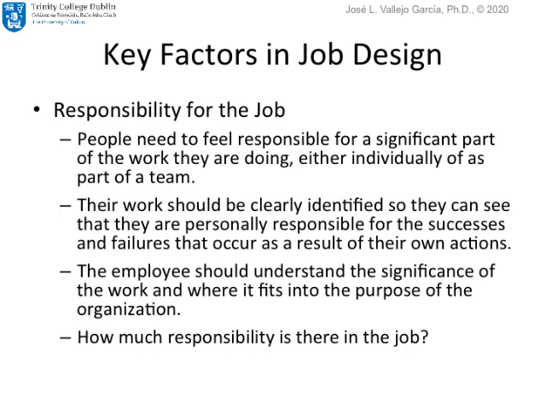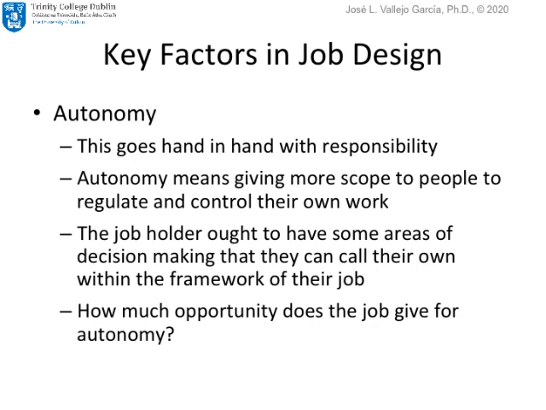This goes hand in hand with responsibility. Autonomy means giving more scope to people to regulate and control their own work without having anybody micromanaging them. The job holder ought to have some areas of decision making that they can call their own within the framework of their job. So the question here is, how much opportunity does the job give for autonomy?